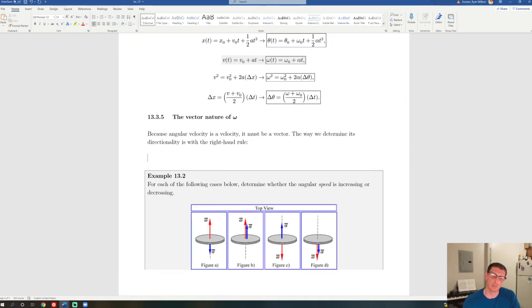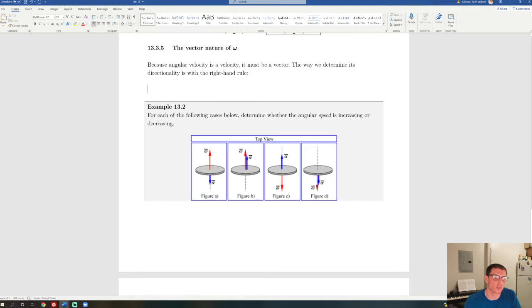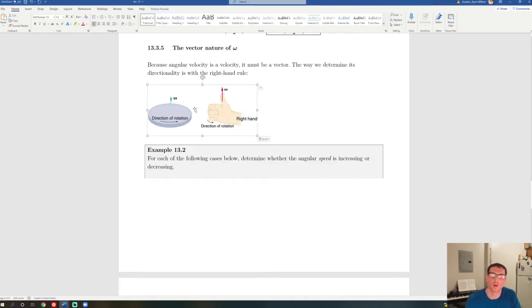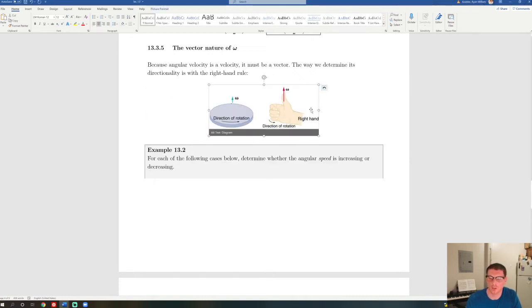And I should say maybe a right-hand rule, because there are two now that we have, right? Remember, we had the one for cross products, and now we're going to have this one.